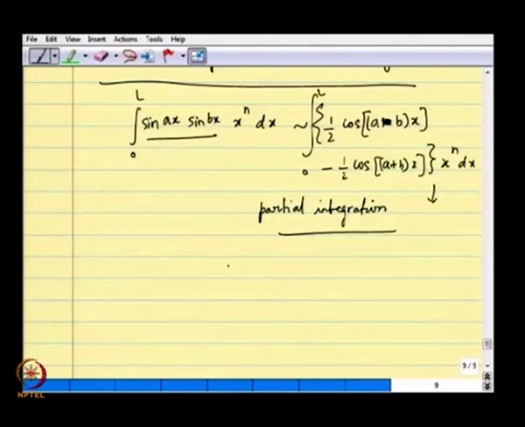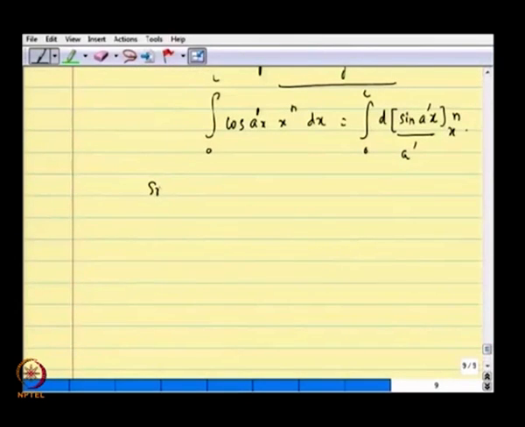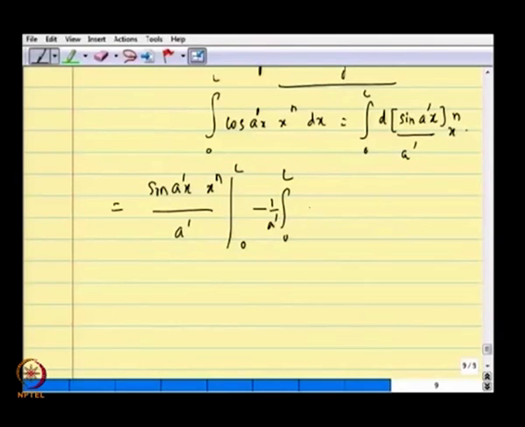Use partial integration, namely integral of cos a x times x raised to n dx, for example, 0 to L. Here we have a prime; let us put in, this is to be written as integral 0 to L d of sin(a prime x) by a prime, times x raised to n, and then you can use this UV formula, namely [sin(a prime x) x raised to n by a prime] between the limits 0 and L, minus integral 0 to L 1 by a prime, n x raised to n minus 1 sin(a prime x) dx.